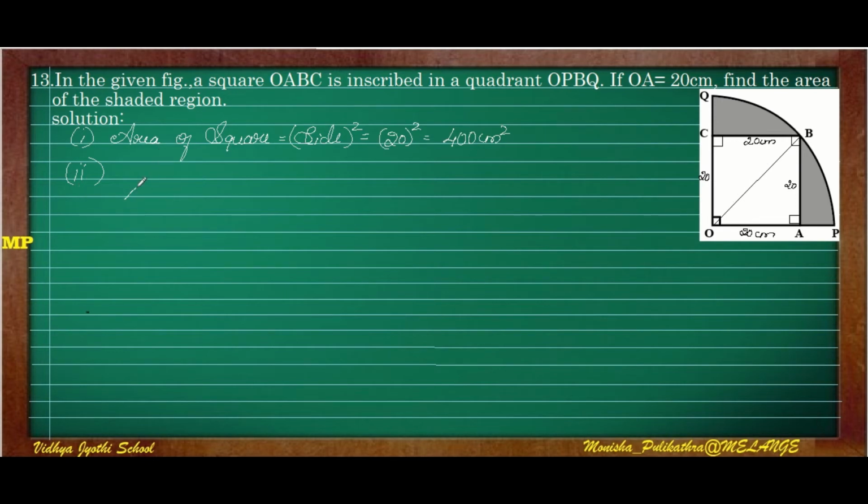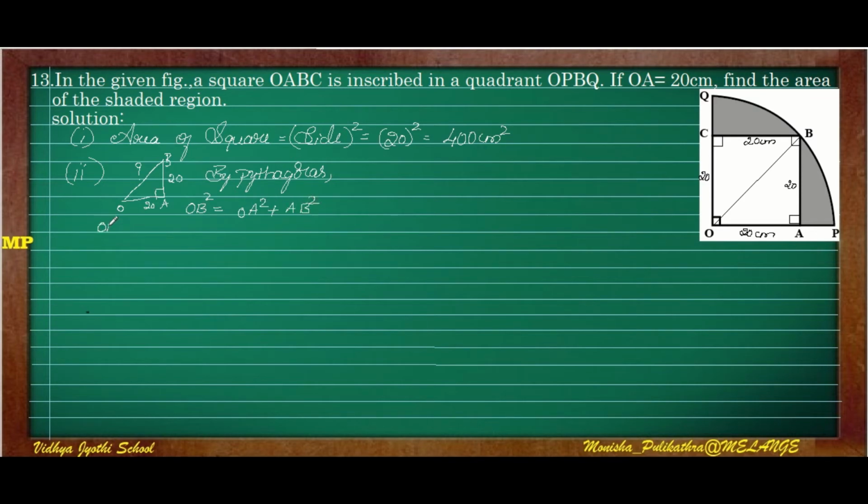So here a right angle triangle is there, OAB, which has 90 degree, and both sides are 20. We have to find the hypotenuse. By Pythagoras theorem, we know that the hypotenuse square, that is OB square, is equal to OA square plus AB square.